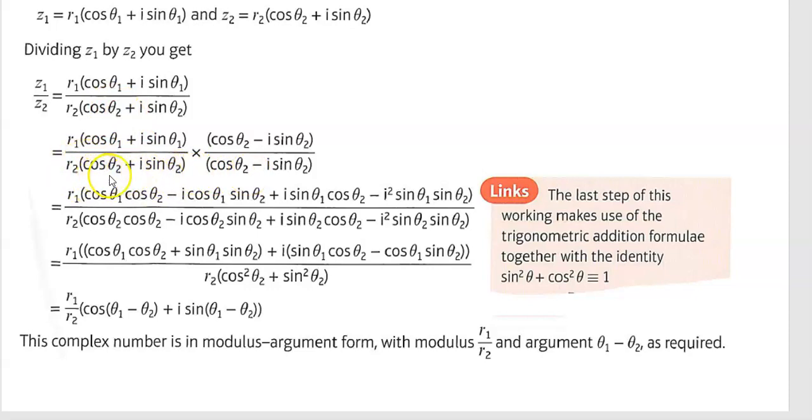So the conjugate of the bottom line, which was cos theta 2 plus i sine theta 2, you multiply top and bottom by cos theta 2 minus i sine theta 2. And you get this as a result. Basically, you divide complex numbers in modulus argument form, you divide the modulus, and you subtract the arguments.